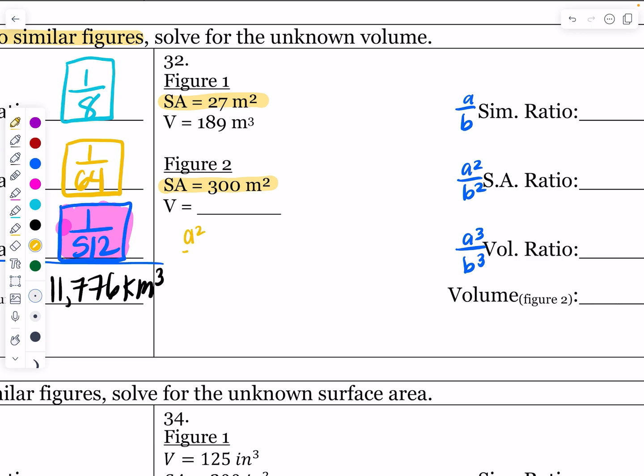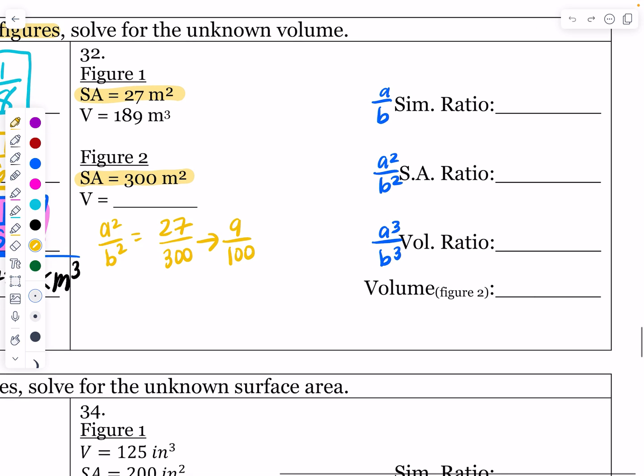That is going to be my A squared over my B squared. So that's going to be 27 over 300. So 27 over 300 simplifies as a fraction to 9 over 100. So I get to fill that in right here. 9 over 100. There we go.